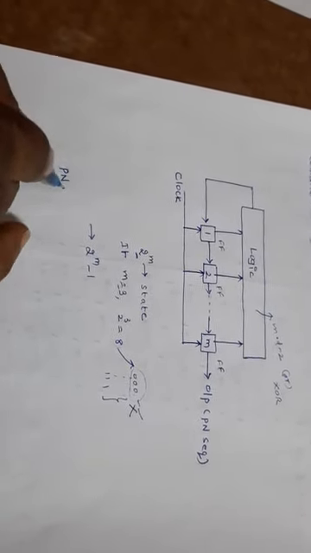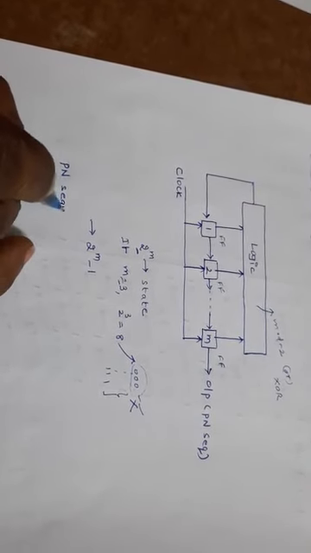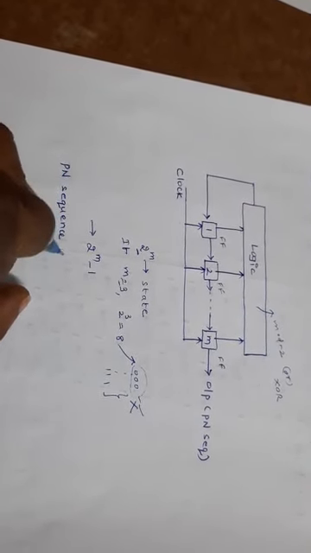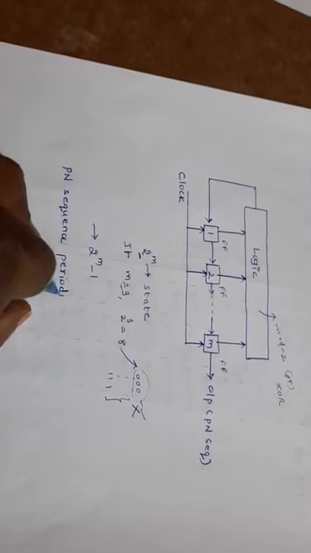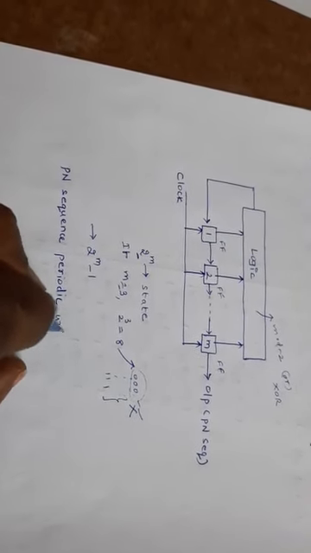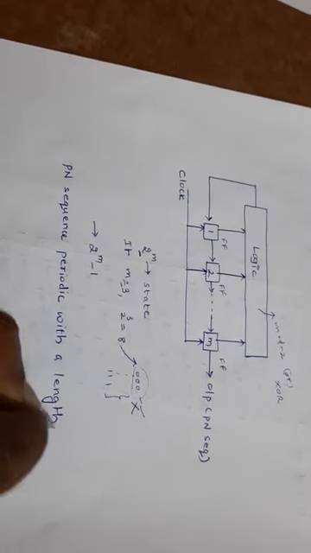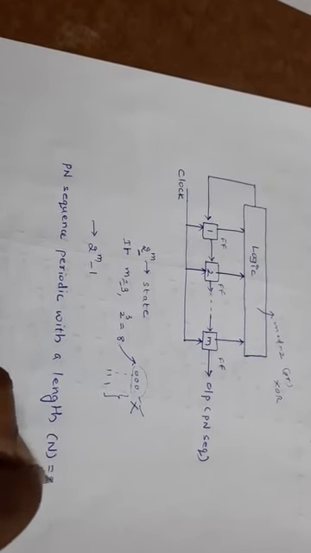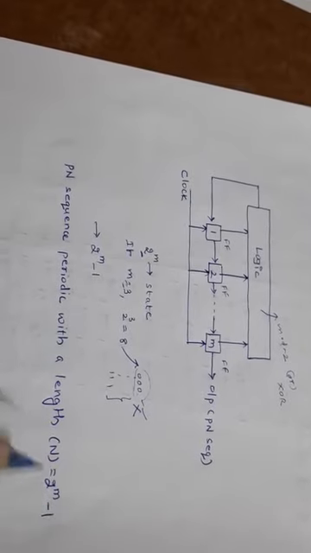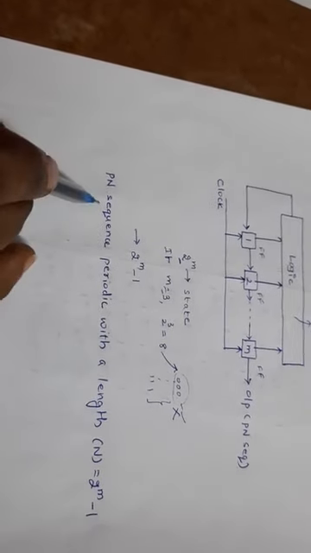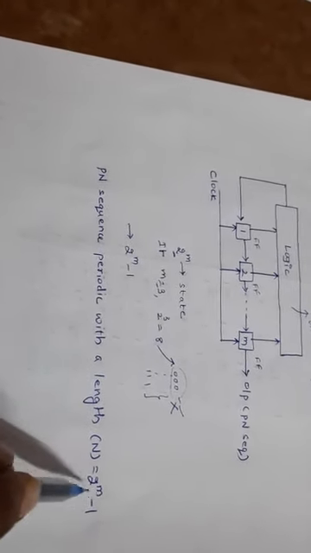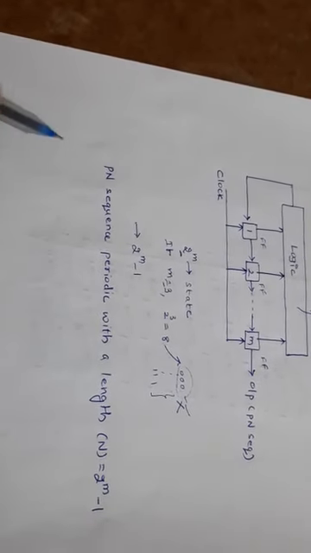So a PN sequence is periodic with a length capital N equal to 2 to the power of m minus 1, right? That means the length of the PN sequence is 2 to the power of m minus 1.